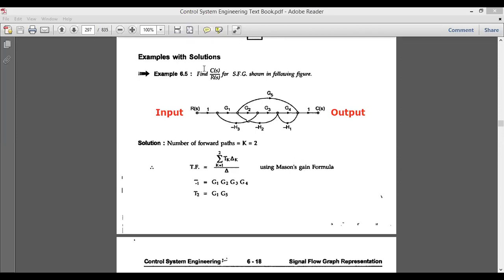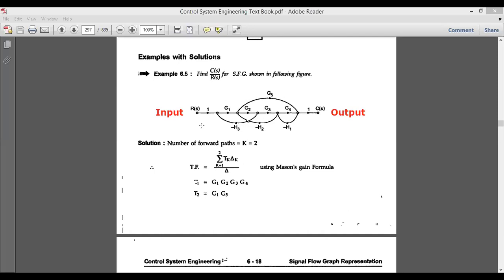So input is R of S, output is C of S. In this signal flow graph, they have only shown the branch gains. The branch from this point to this point is 1, and then it is G1 here, G2 here, G3 here, G4 we have 1, and here it is G5, and the feedback paths are minus H1, minus H2 and minus H3.